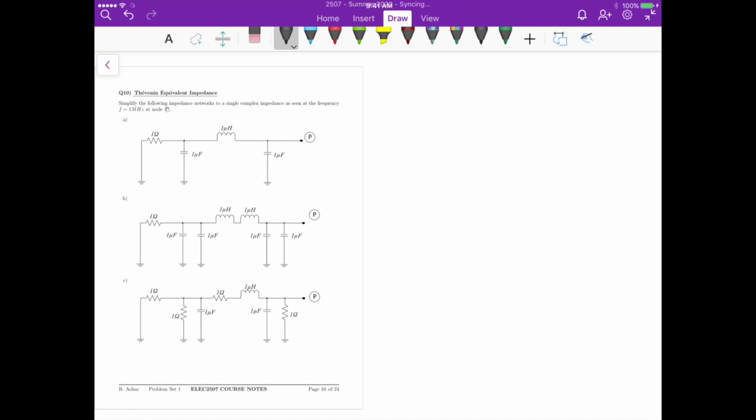And we also have to know how to convert the capacitance to reactance, or the inductances to reactances. So one thing is that we know that the capacitive reactance is equal to 1 over j omega C, and the inductive reactance XL is equal to j omega L, right? And we remember that omega is equal to 2 pi f, right?